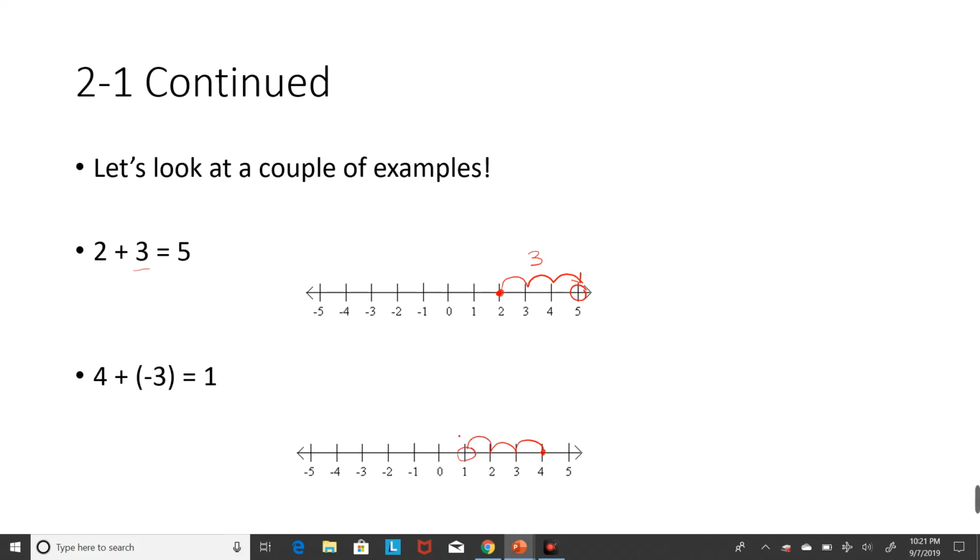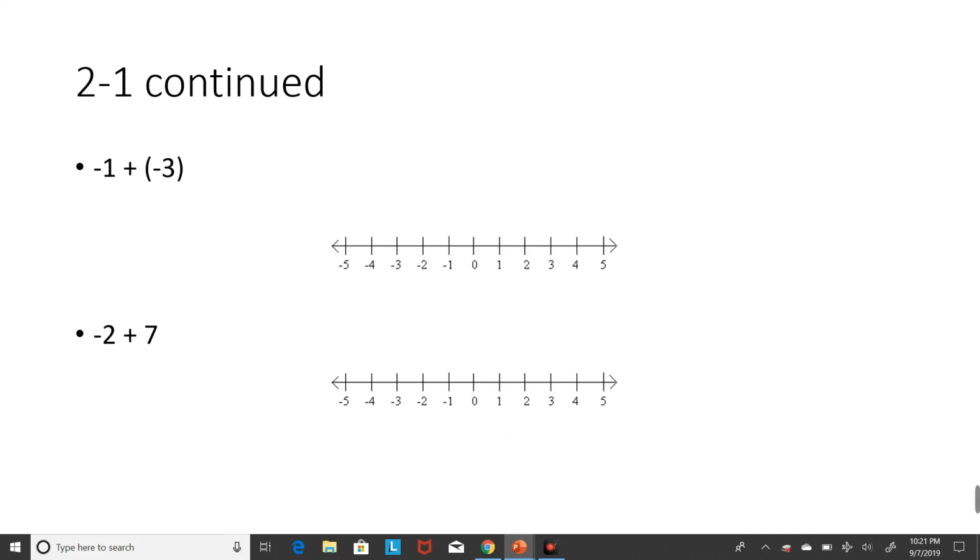So 4 plus a negative 3 is 1. Okay, we'll do 2 more examples. We'll start at negative 1, and then we're supposed to do negative 1 plus negative 3. So we'll go 3 spaces to the left. 1, 2, 3. We get negative 4.